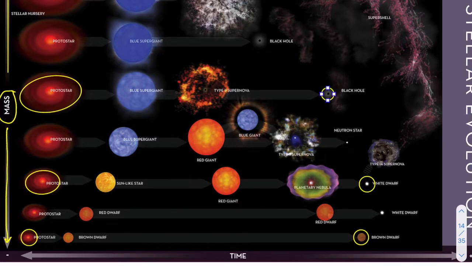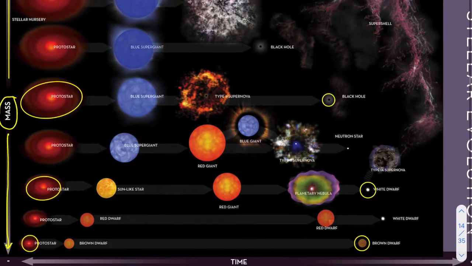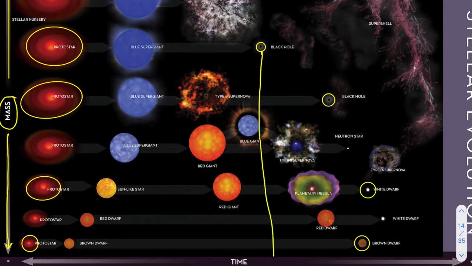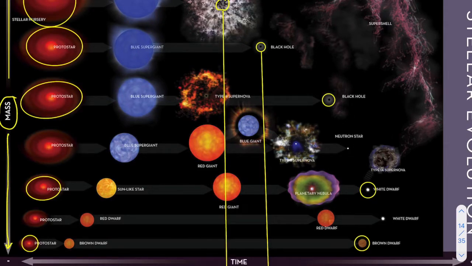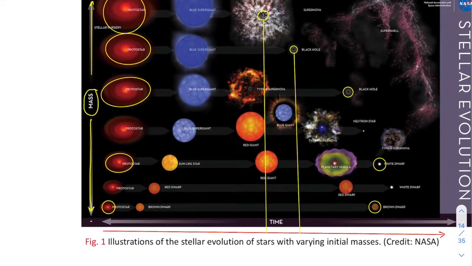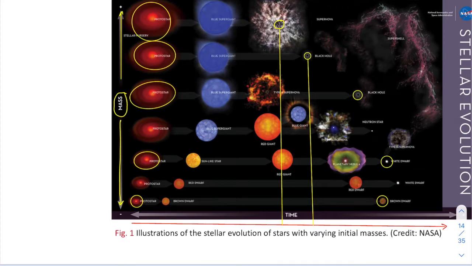With an even larger mass, it also becomes a black hole, but in a more premature time, a faster time. The most massive ones, as you can see here, tend to die early. So what trend did you notice? Apparently, if the initial protostar of your developing star has a larger mass, it tends to reach its ultimate demise in a shorter span of time.